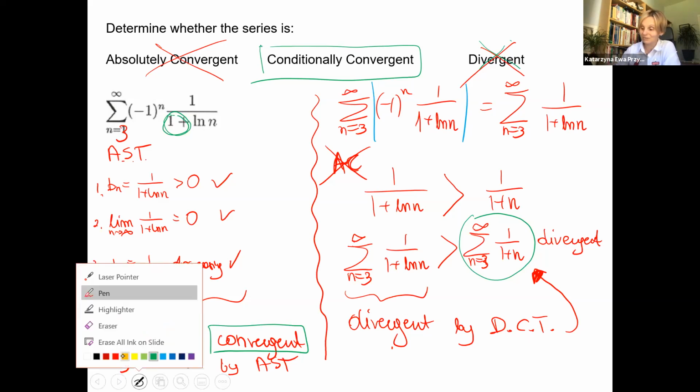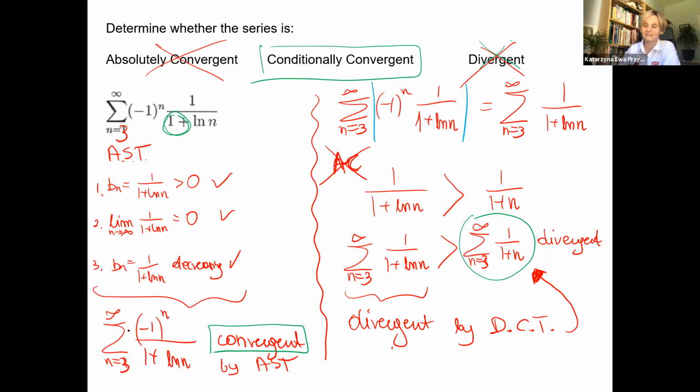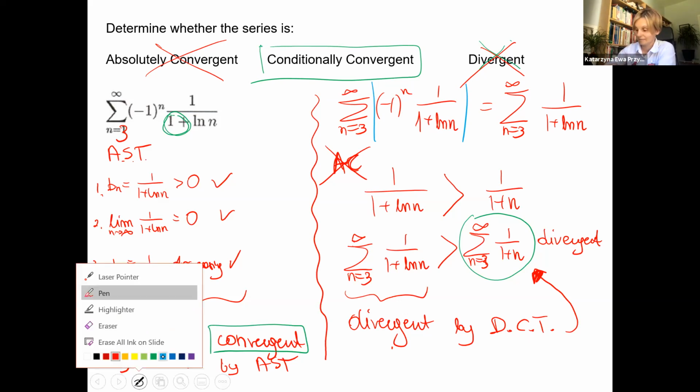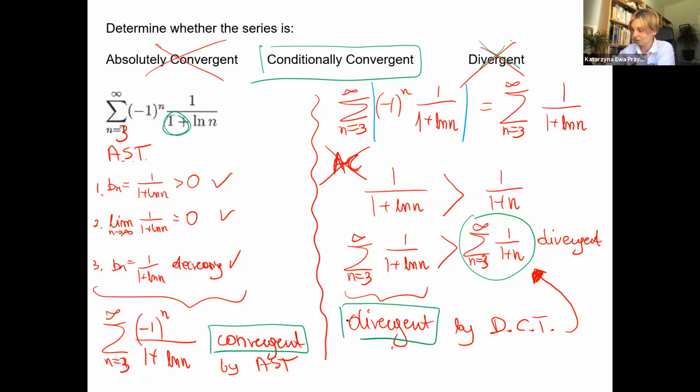It's not absolutely convergent, and it is conditionally convergent. And you may notice again, conditional convergence always involves convergence for the original one and divergence for the absolute value. Conditional convergence is always more time consuming.